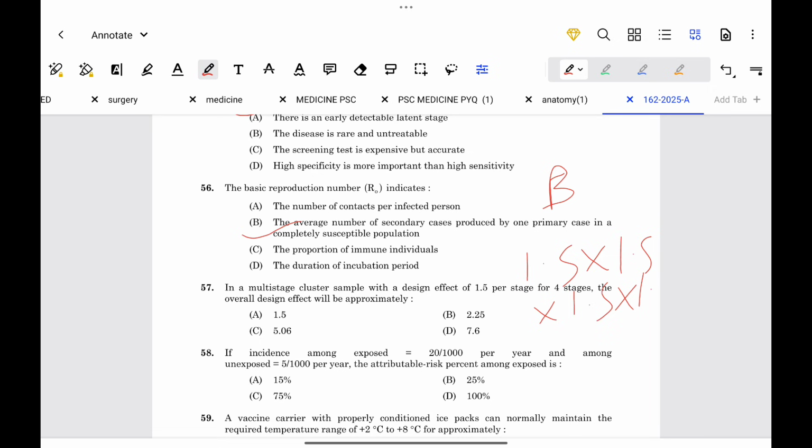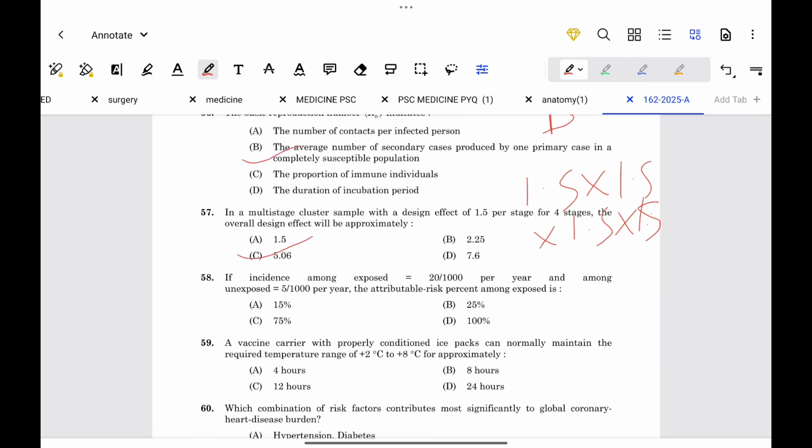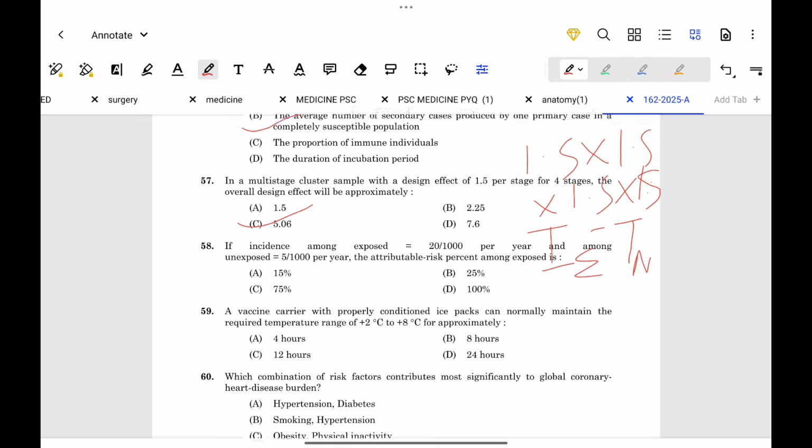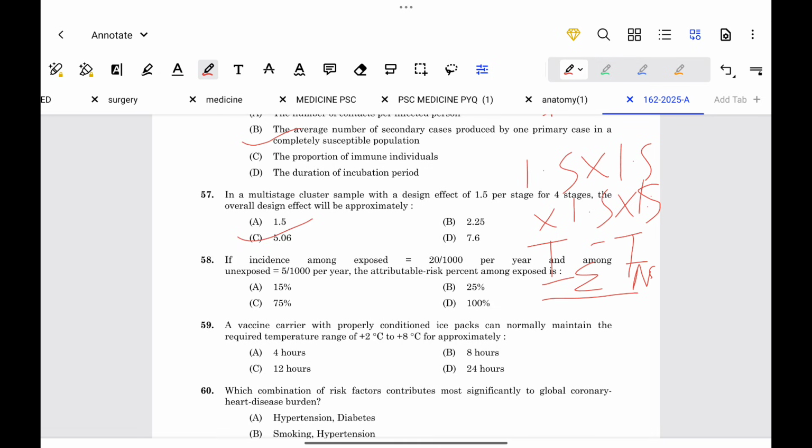Here the answer is option C. If the incidence among exposed is 20 per 1000 per year and among unexposed is 5 per 1000 per year, the attributable risk among exposed is: incidence among exposed minus incidence among non-exposed, divided by incidence among exposed. Here the answer is 75%.